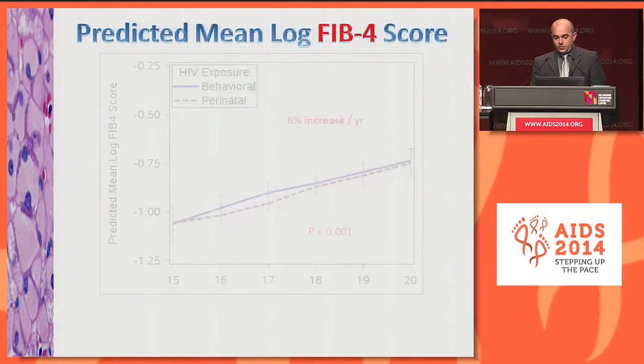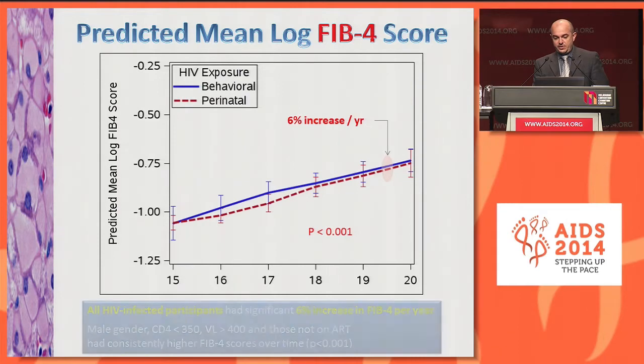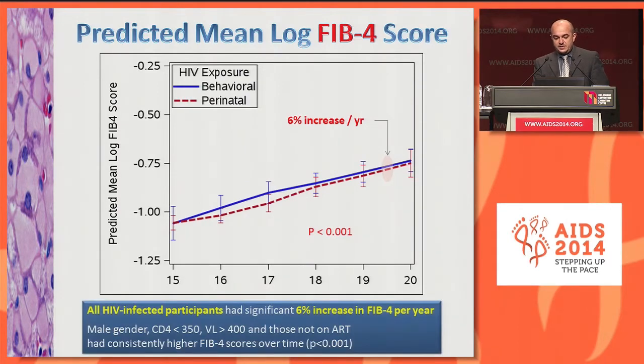Similarly for FIB-4, and a little more impressively, the slope was a 6% increase per year over that same time period, in both behavioral and perinatal. Again, the same covariates, male gender, CD4 under 350, detectable viral load, and not being on ART, were associated with consistently higher FIB-4 scores over time.